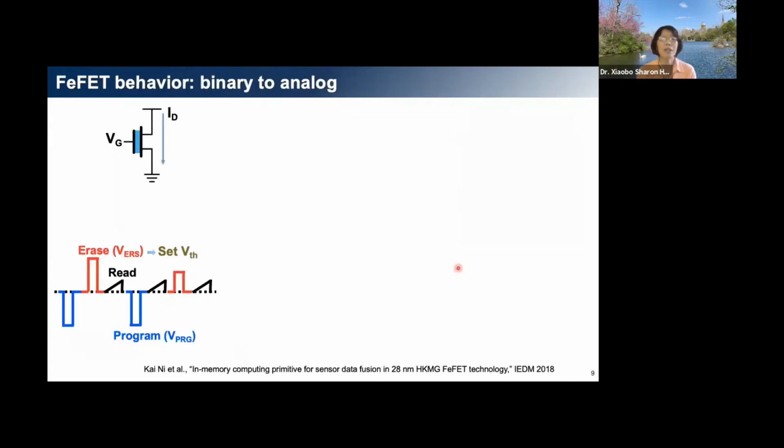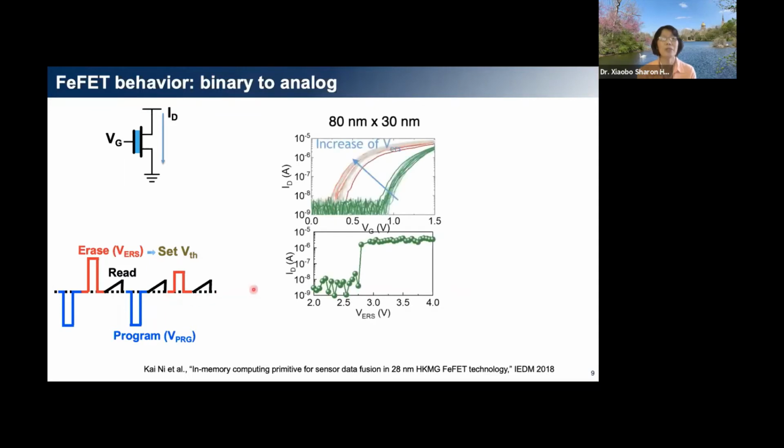Here's how FeFET works. You first use a reset voltage or program voltage to reset the device. Then you can use different levels of erase voltages to set the VTH, or threshold voltage, to different values. Then for different VTHs, if you apply a small read current, different levels of current flow through the device.